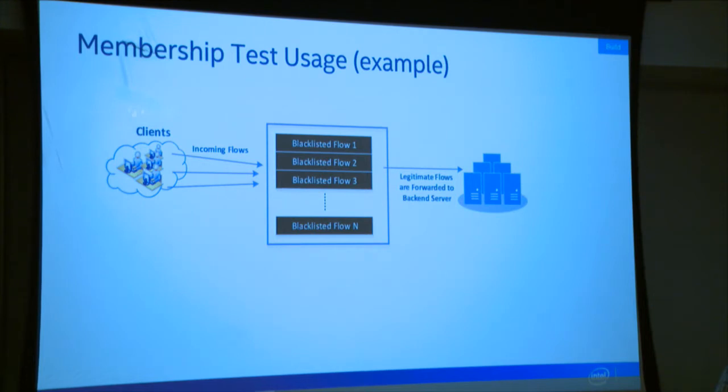So this middle box will have a list of the flows that should go through and should not go through. So we call this list of the flows or objects a set. And typically this is a large set, millions of flows or millions of objects.